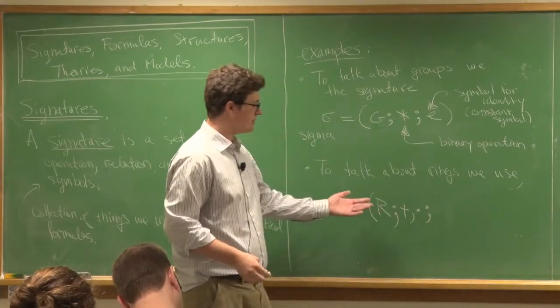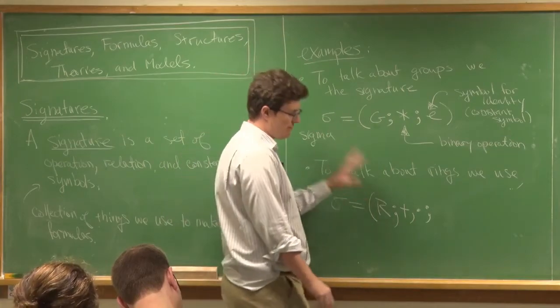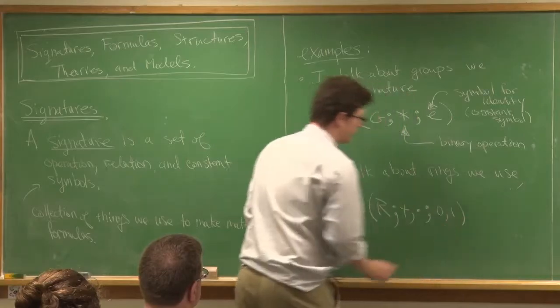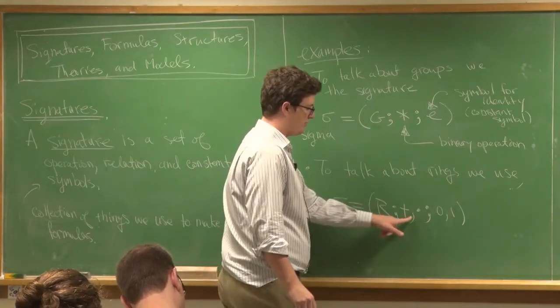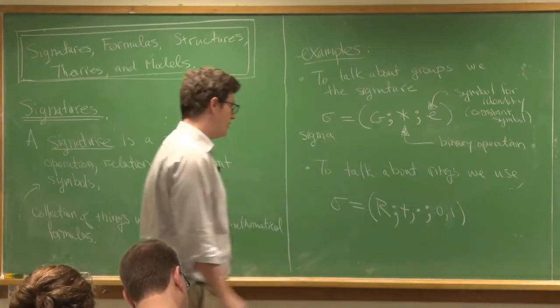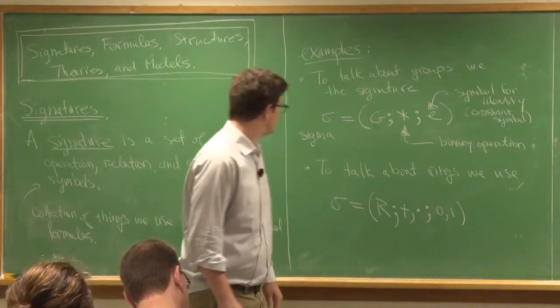There are no relation symbols, nothing like less than or equal to. We have the free relation symbol, the equal sign, but we don't write that one down, right? And then we have 0 and 1. So here are our function symbols, our operation symbols, and here are our constant symbols.